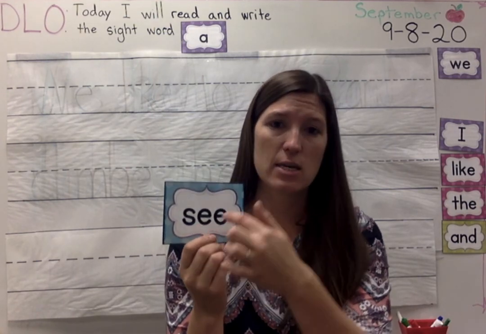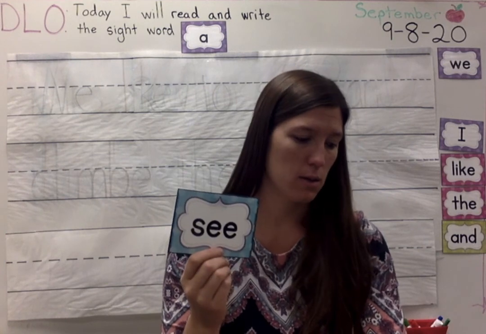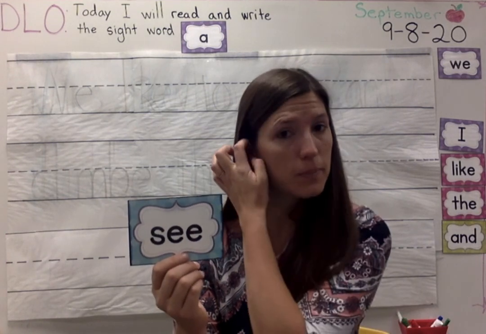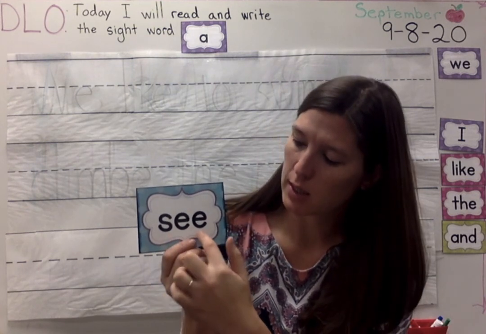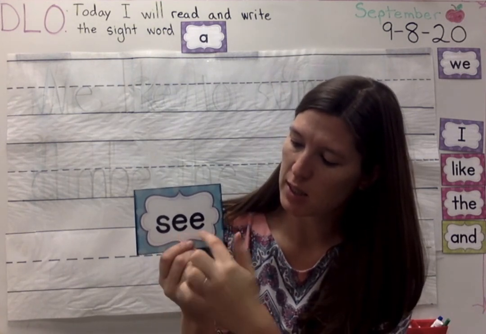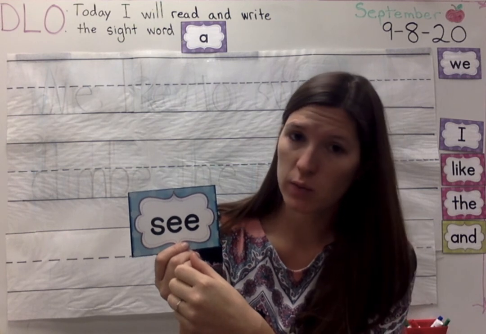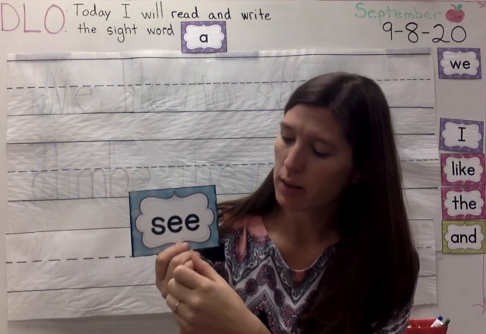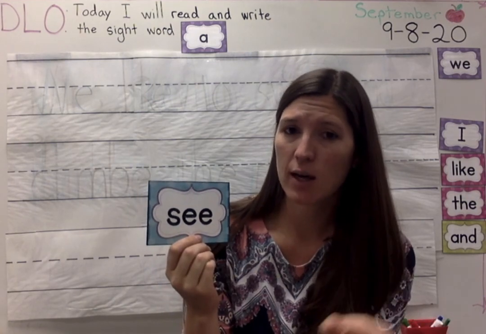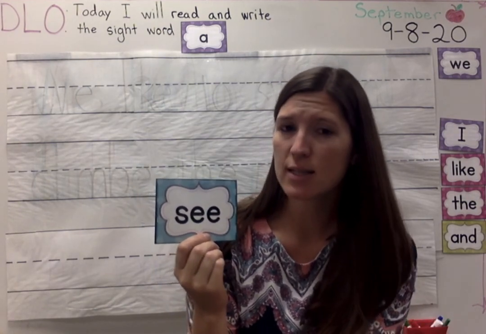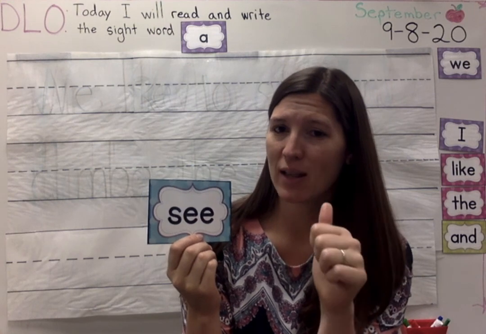S-E-E, S-E-E. I can spell see. I can spell see. I see my friends who are sitting by me. I see the letters A, B, and C. I see my teacher who's smiling at me.